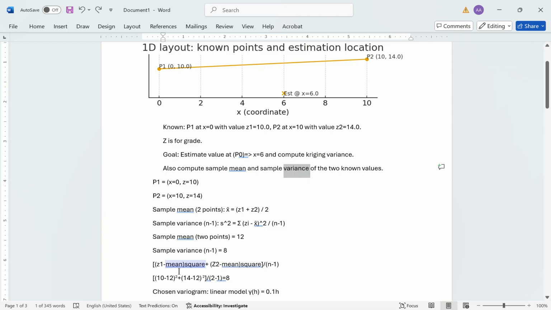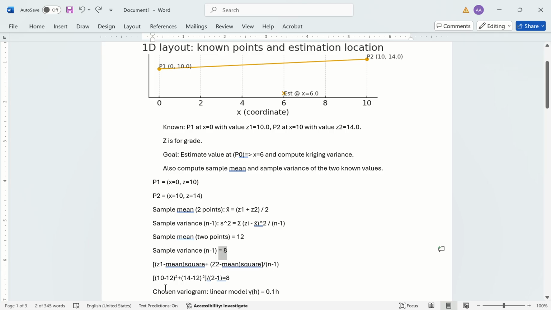So z1 minus the mean, then taking the square of this value, plus z2, the grade of the second point, minus the mean, then taking the square, and after that dividing by n-1. So we have found its mean, which is 12, and the sample variance is 8.